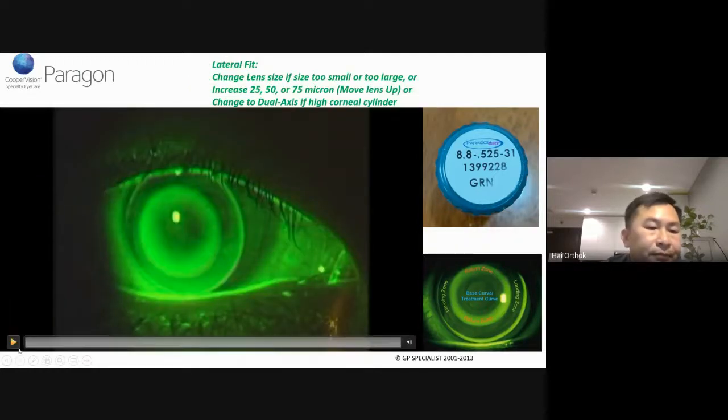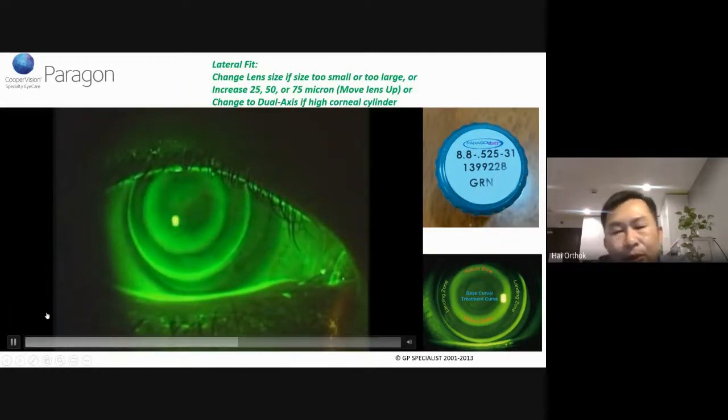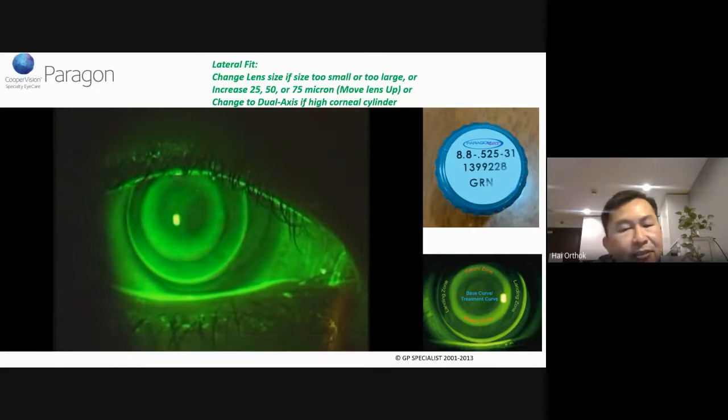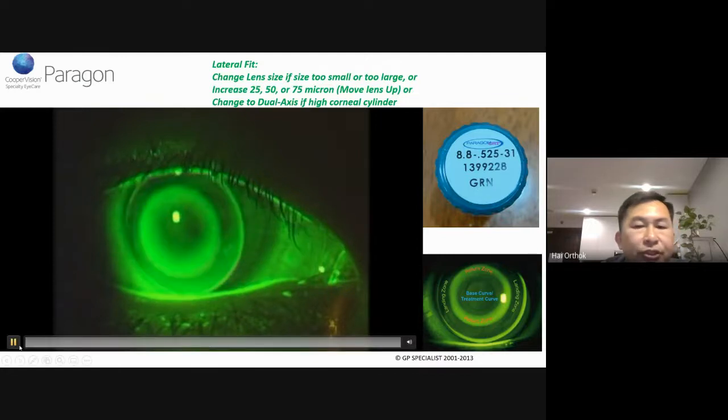And here, we see a lateral decentration like I explained to you before. With the IC lens, you have to find the cause of the lateral decentration. It might be the size, it might be the lens is too flat or too steep, it might be the wrong toricity on the lens. In this case, we see definitely the lens is too small.